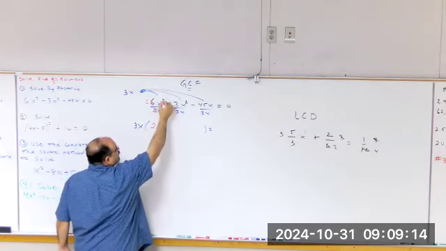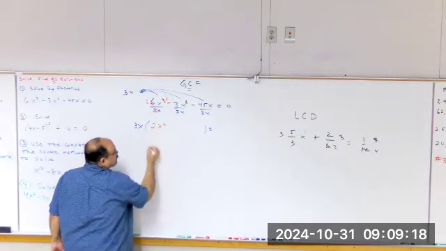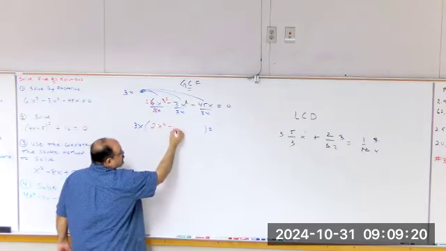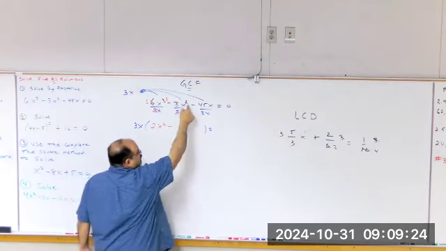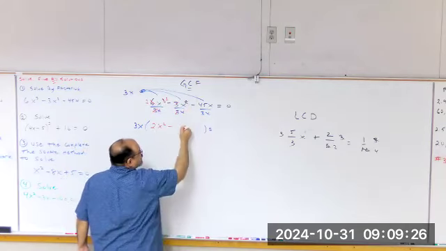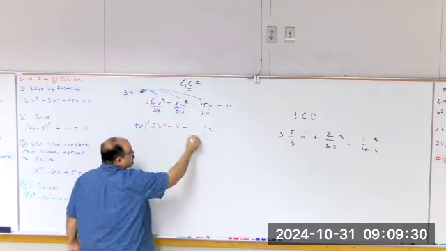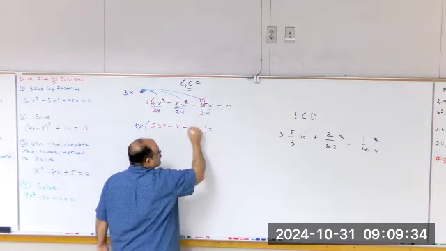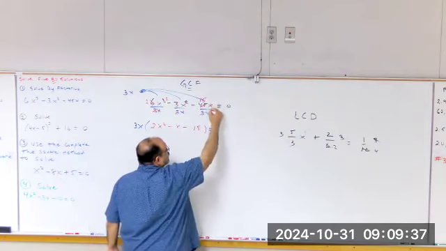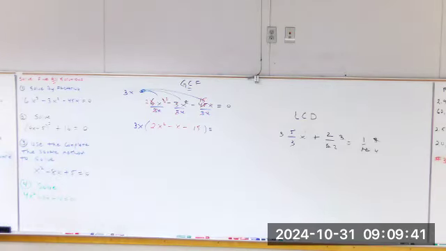And x to the third divided by x to the first leaves x to the second, 2x squared. Minus 3 over 3 reduces, and x squared divided by x leaves x to the first. Minus 3 goes into 45 15 times, and x over x reduces and equals 1. So that's what I have in my parentheses.